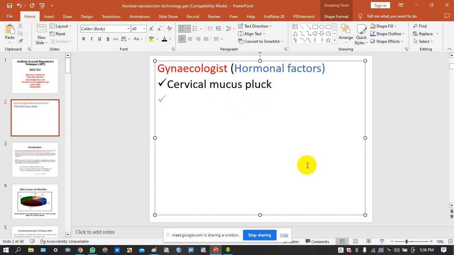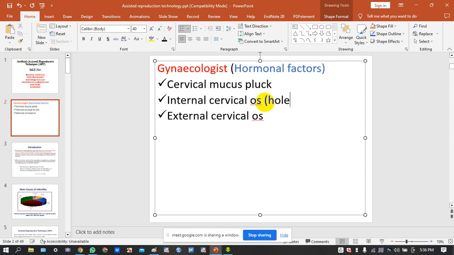You know, the hole inside the cervix, we have the internal cervical os and external cervical os. Whenever you see os, it's what? A hole. Os means hole.